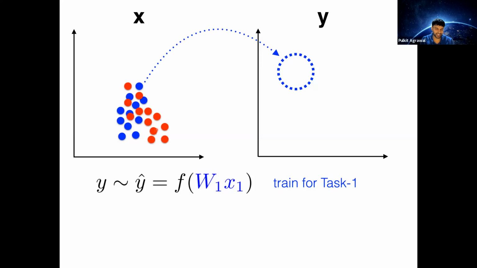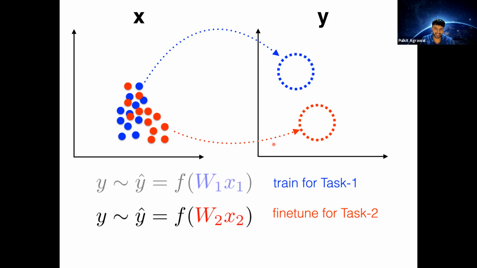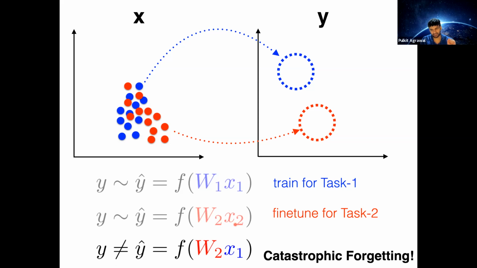Now suppose I have a second task, which needs to be mapped to some other point in the label space, and we take W1 and we fine-tune them to get to W2. Now I evaluate these new weights on the first task to get my predictions Y hat. Turns out now Y hat doesn't end up matching the ground truth. And this is what is referred to as catastrophic forgetting.